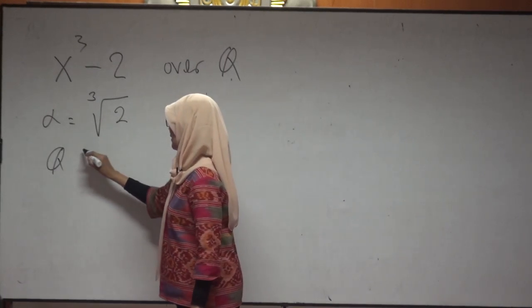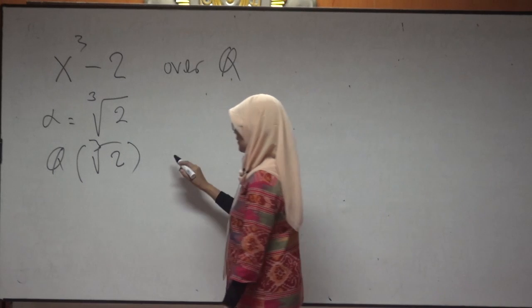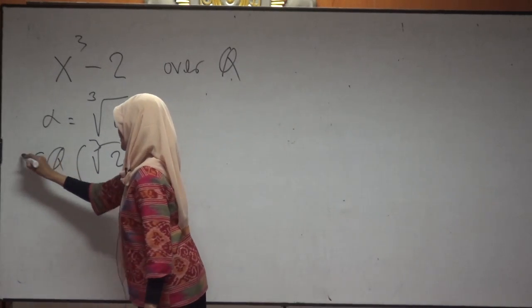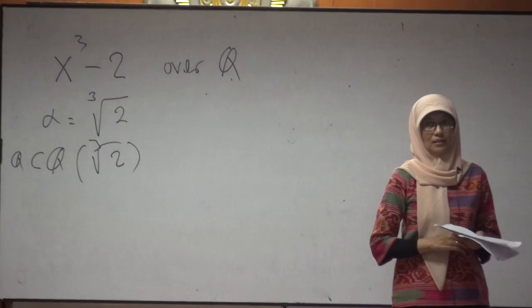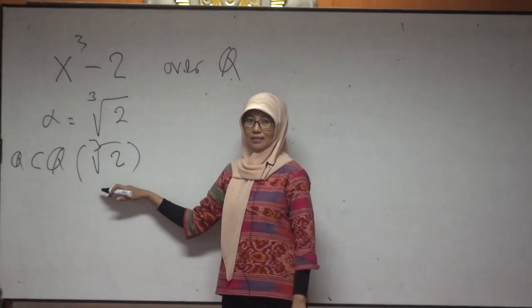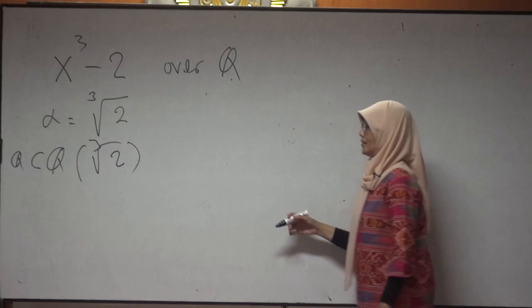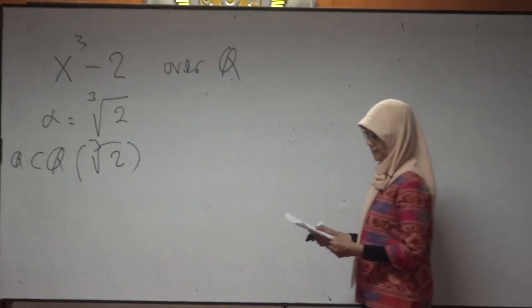So Q(third root of 2) is an extension field of Q, but there are still other roots which are not in this field. Okay, so we can find what the other roots are.